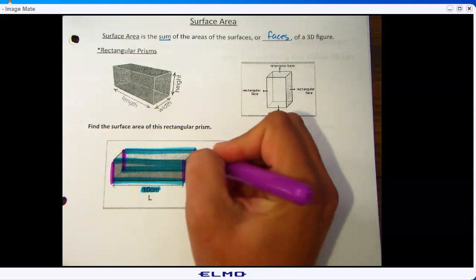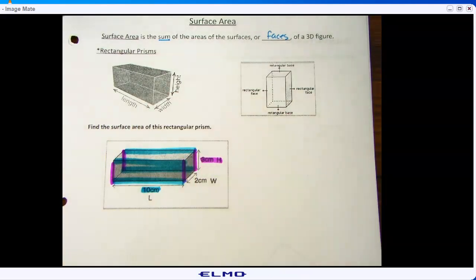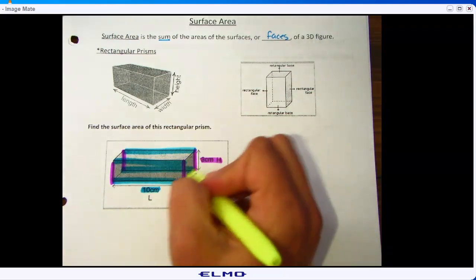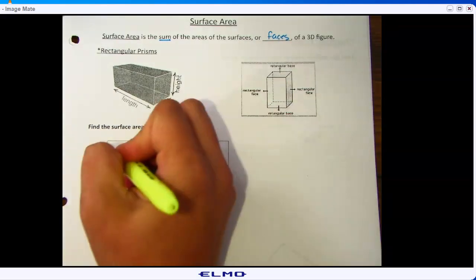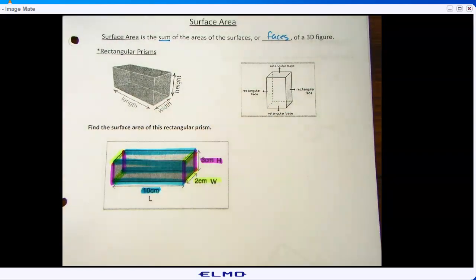There are four lines for 3 centimeters, as well as our width. Sometimes this yellow doesn't show up well, but our width is 2 centimeters. So those are our measurements that are provided.